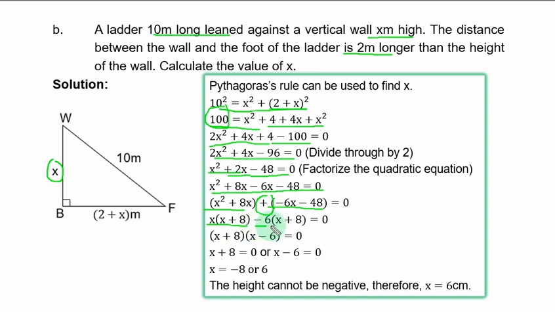You factor it out, you have S plus 8. You equate everything to 0. Clearly, S plus 8 is common. If you factor it out again, you have S remaining here and minus 6 that will form the other bracket. You equate the 2 factors to 0, and when you collect like terms, you have S equal to minus 8 or 6. The height cannot be negative. Therefore, the value of S is 6 meters.